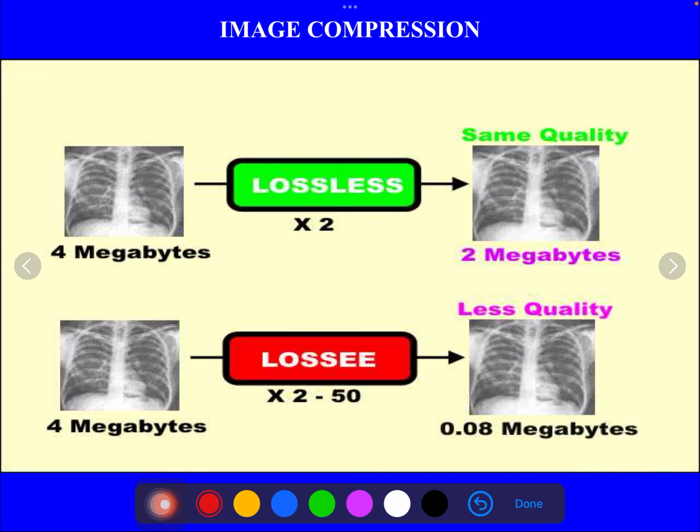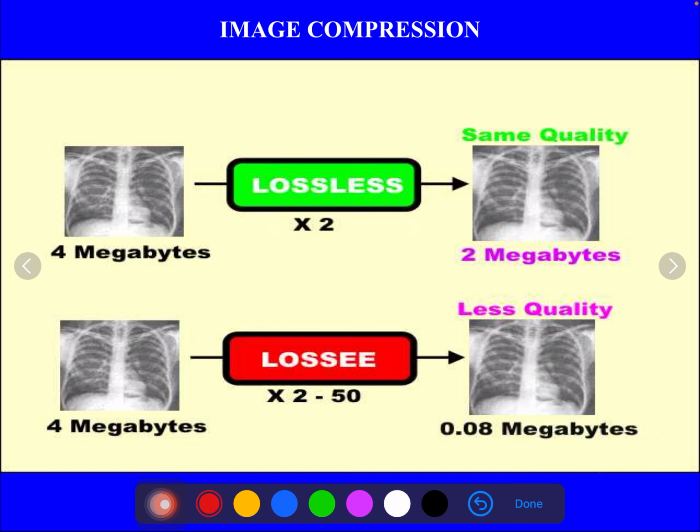Right. Then we come to image compression. Compression helps to reduce the image file size for storage and transmission. There are two types of image compression. One is called the lossless method. Another is called the lossy method.